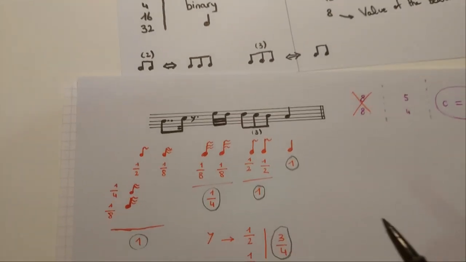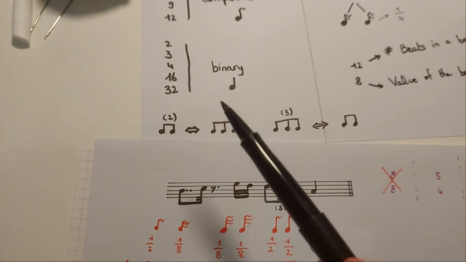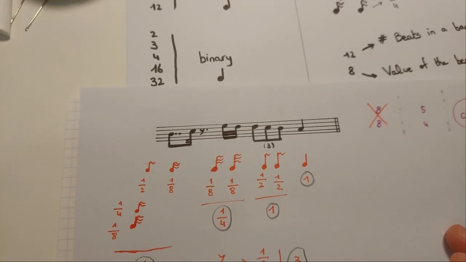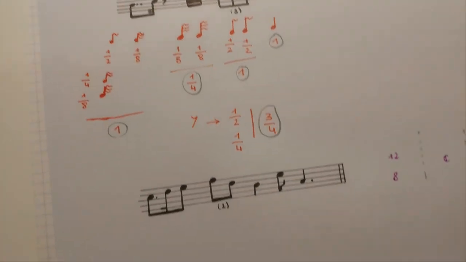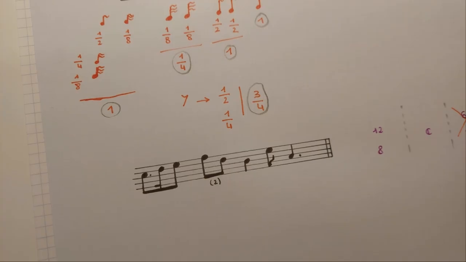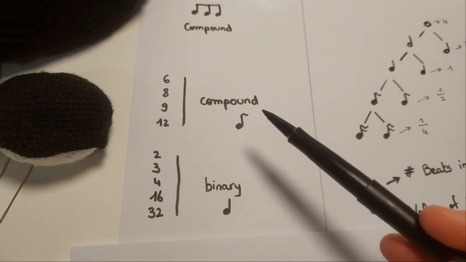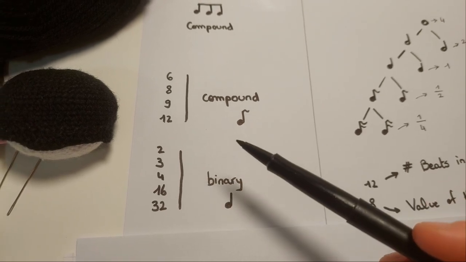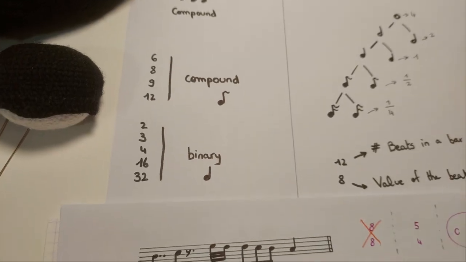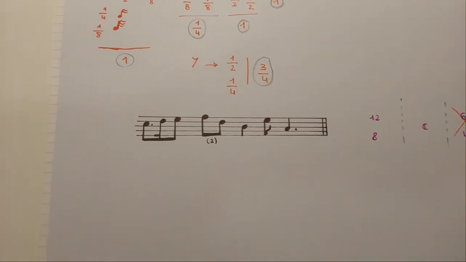So that's why here we counted crotchets. So we counted the quavers in compound and crotchets in binary. Be careful of these because you can make a lot of mistakes with that.